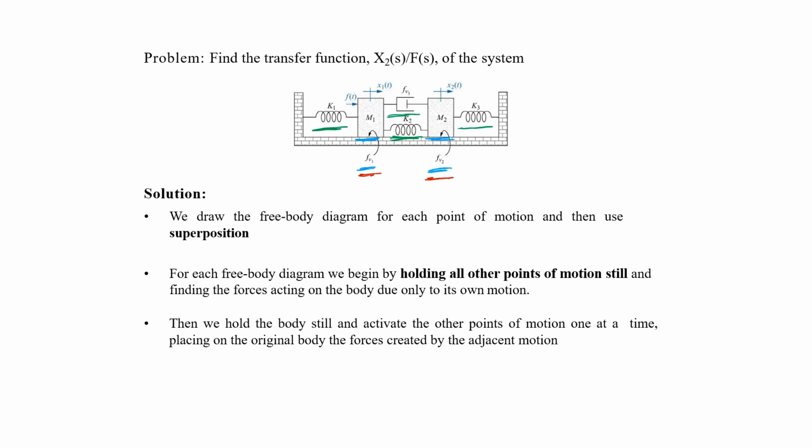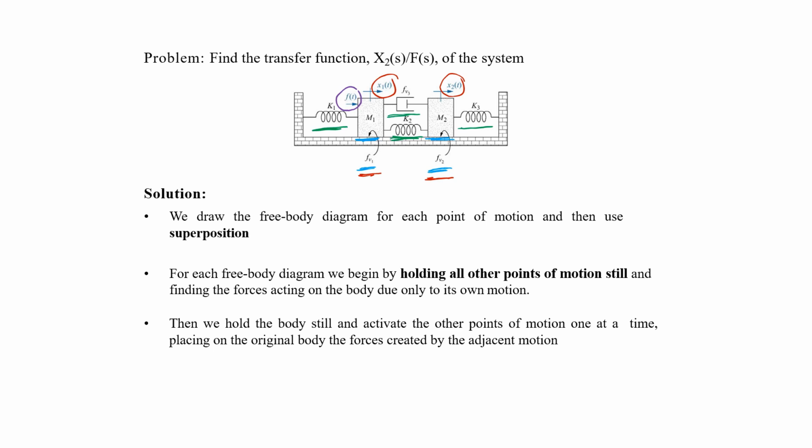So from here we can see that now we have two displacements here. One is x1 and the second one is x2. The direction for both of these displacements is taken as positive, that is, to the right. We can also see that we have one applied force here, which is f(t).